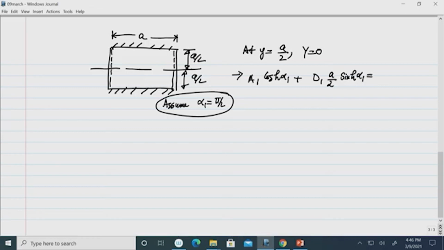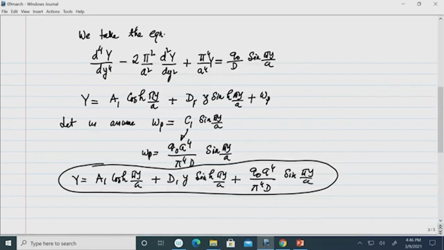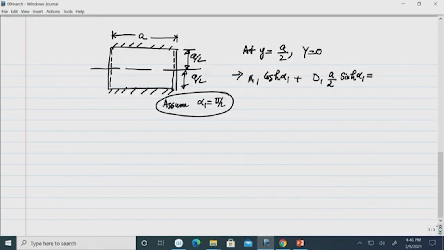Then the non-homogeneous term: sin pi y by a was there, so instead of y you put a by 2. Sin pi by 2 is 1. Therefore, this term will be minus q naught a to the power 4 by pi to the power 4 d. So, that is one equation.